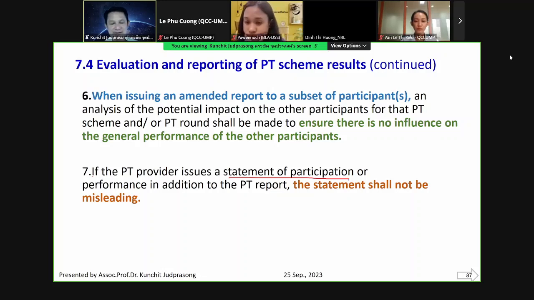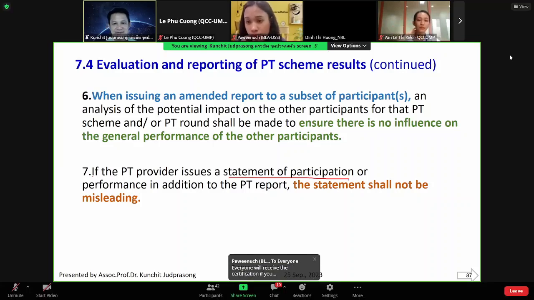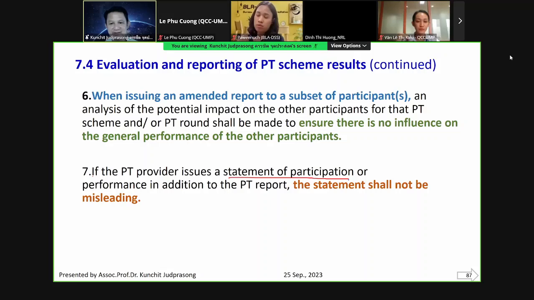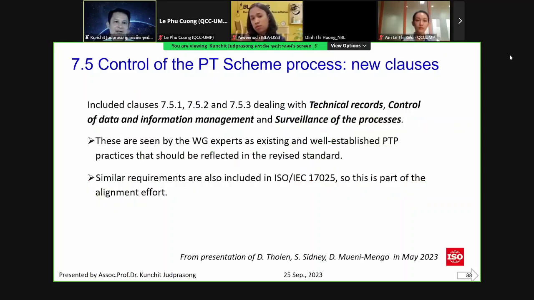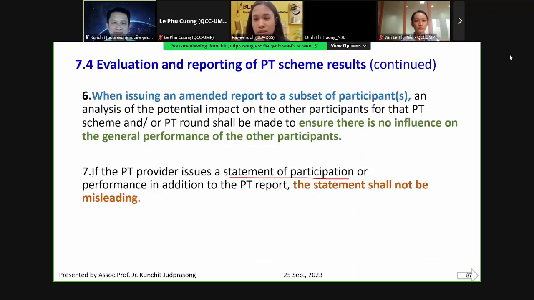PT providers in Thailand have both; some PTPs have a statement of participation and some don't, so there is no need to have this statement. Okay, 7.4 is finished.